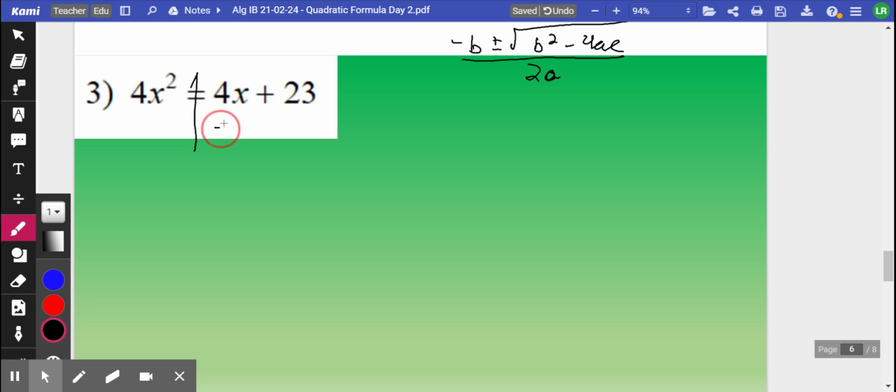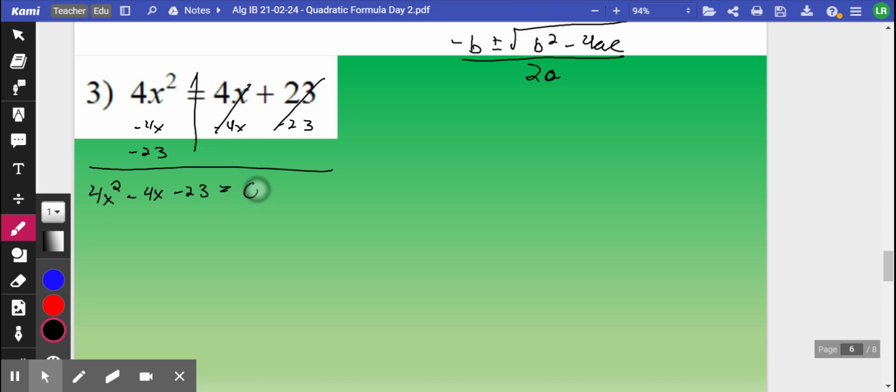So we subtract 4x on both sides, and 23 on both sides. I get 4x squared minus 4x minus 23 equals 0. So my a is 4, my b is negative 4, and my c is negative 23.